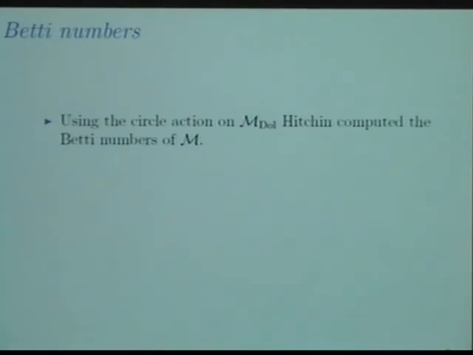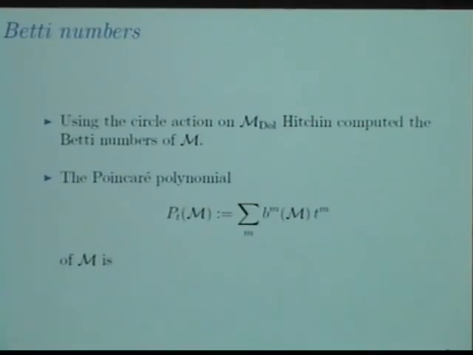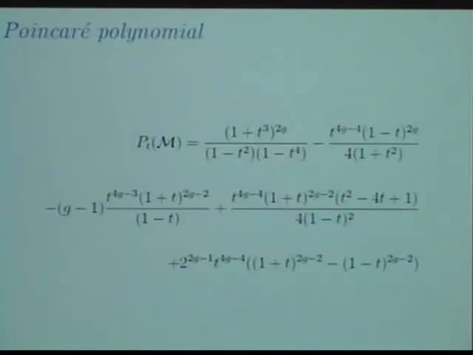So let me show you the form of it. If we denote by P_t(M) the Poincaré polynomial, so it's simply a placeholder for the Betti numbers, the dimensions of the cohomology groups of this manifold, it has this expression. Here our variable is g, the genus of the underlying Riemann surface. We're fixing SL2 as the group in question.